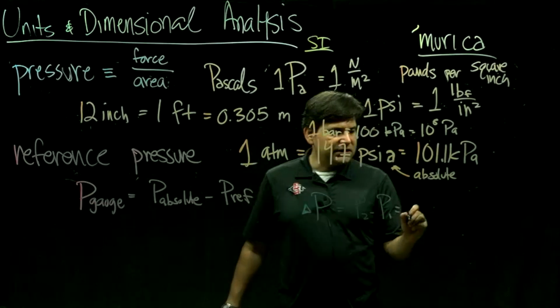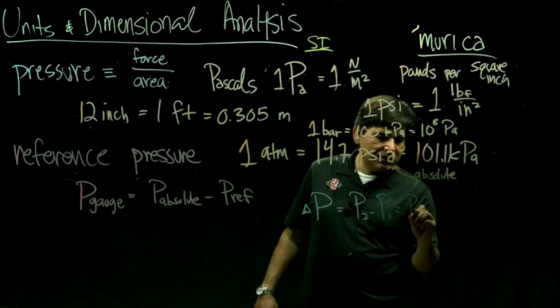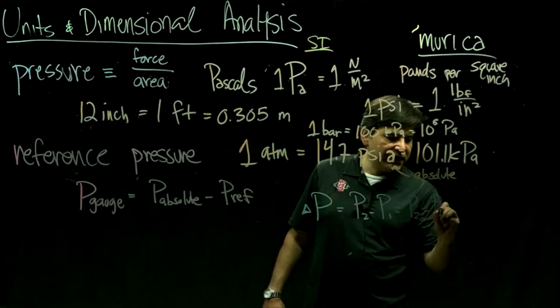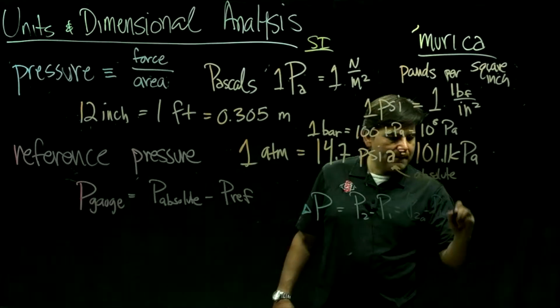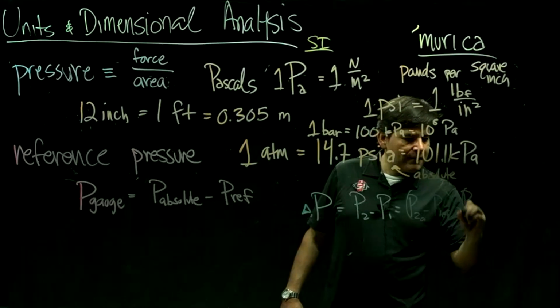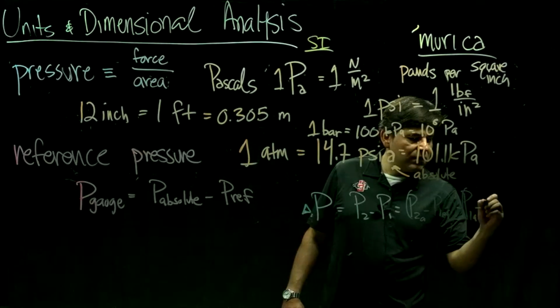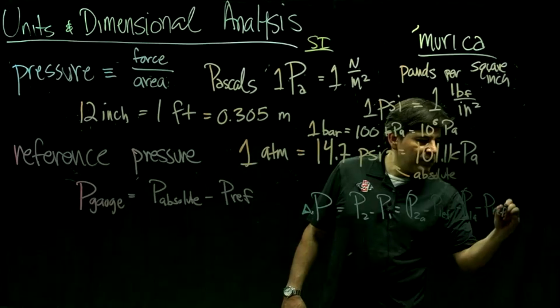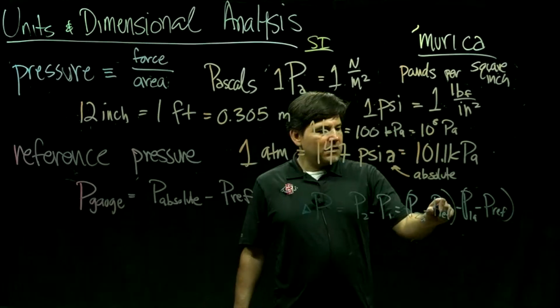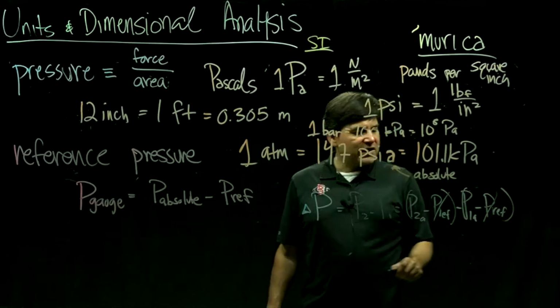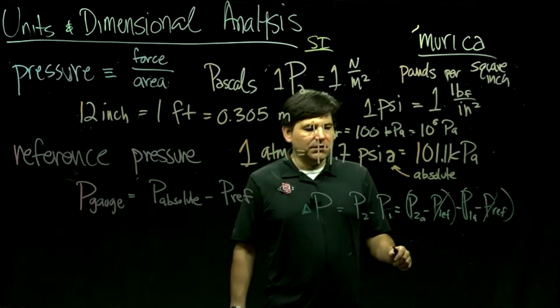You can say this is P2 absolute minus P ref, minus P1 absolute minus P ref, where the reference cancels out because it's the same reference.